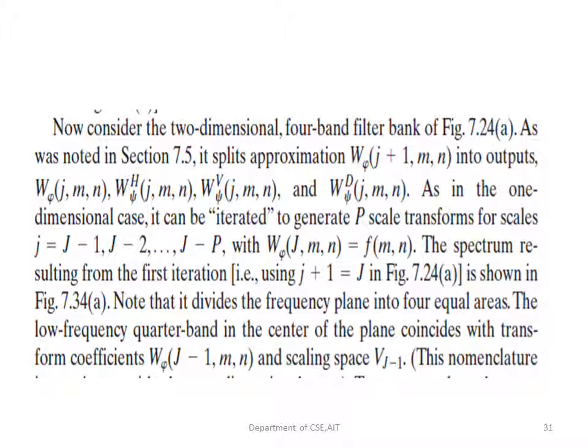The spectrum resulting from the first iteration is shown in figure A. It divides the frequency plane into 4 equal areas. The low frequency quarter band in the center of the plane coincides with the transform coefficients of W of phi and the scaling space V of j minus 1.